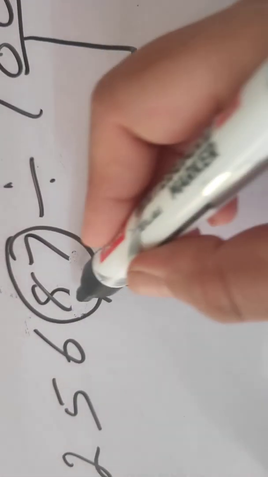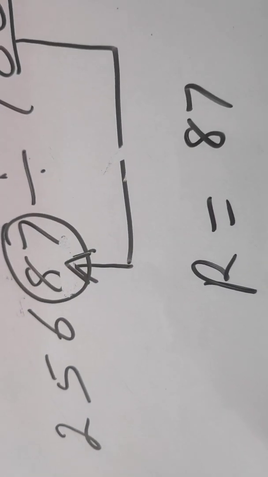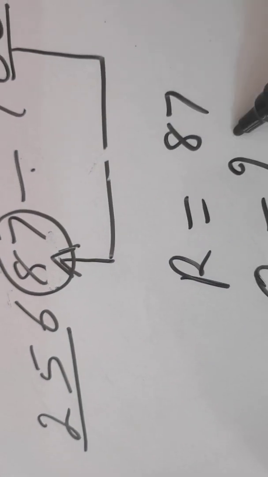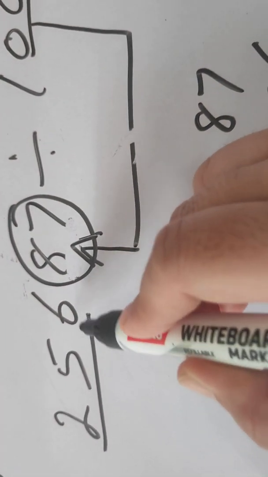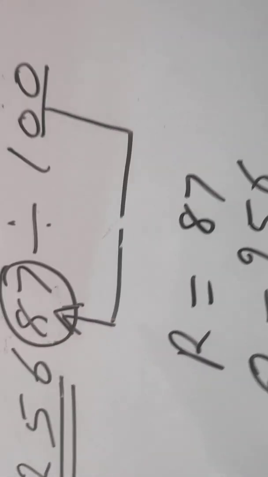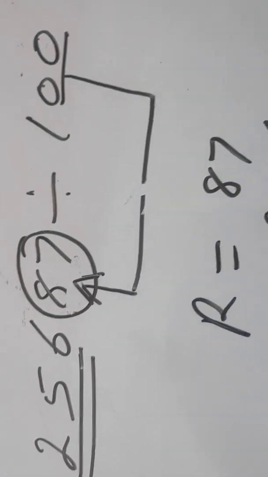So what is the remainder here? Remainder is 87 and the division answer is 256. The digits which were left on the left-hand side will be your answer. So directly, without division, you find out the answer.